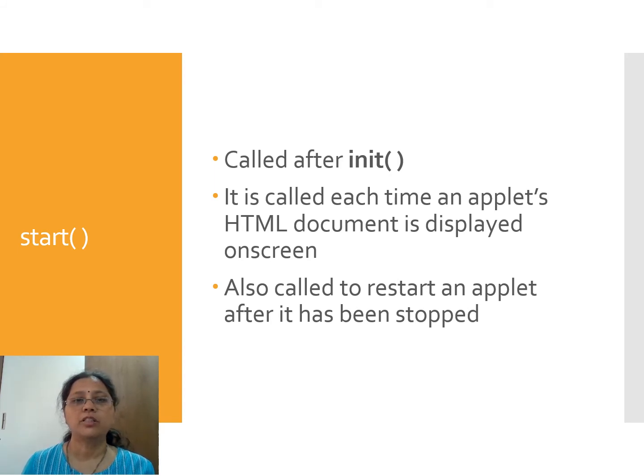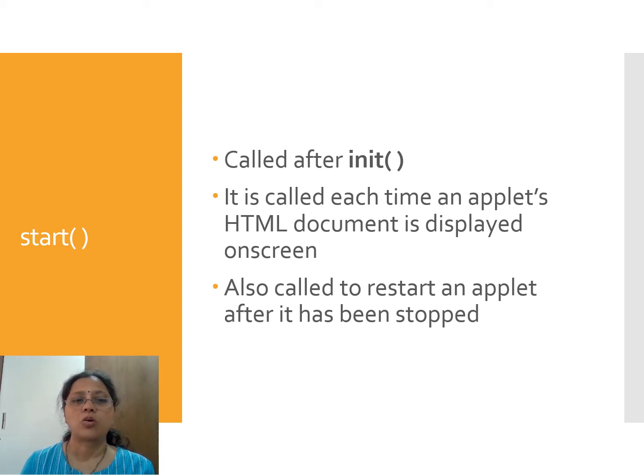As the init method is called only once, that is the first time the applet is loaded, the start method is called each time an applet's HTML document is displayed on the screen. So this method is always called after the init method.